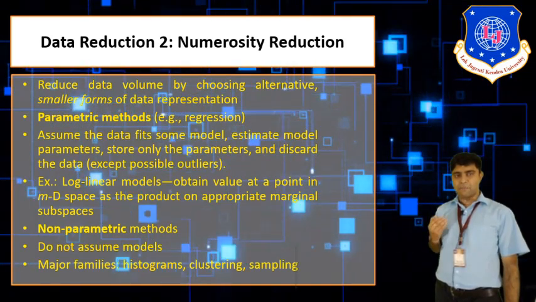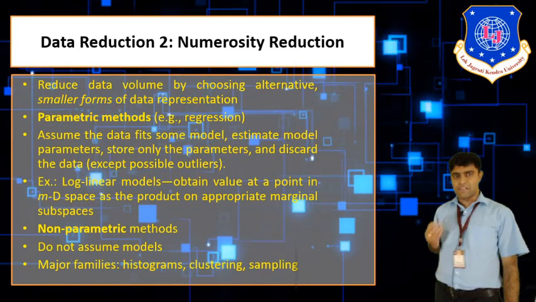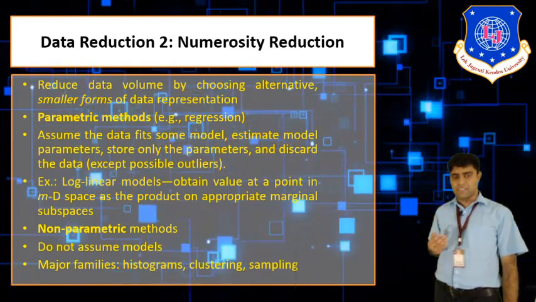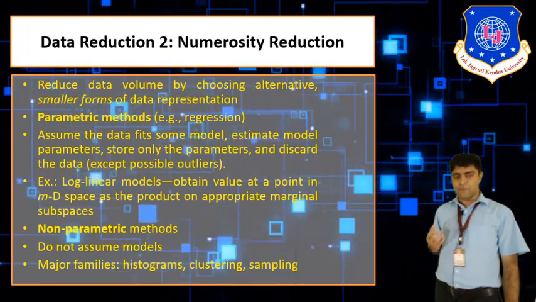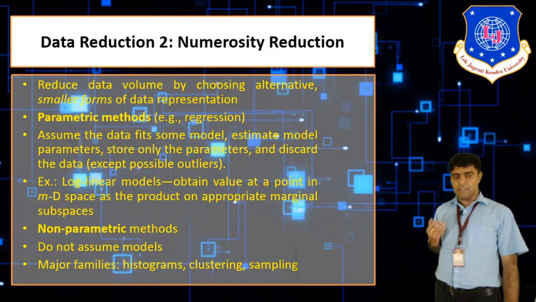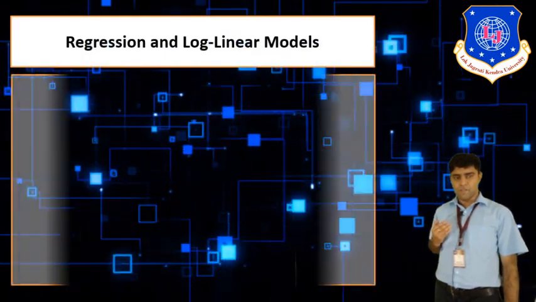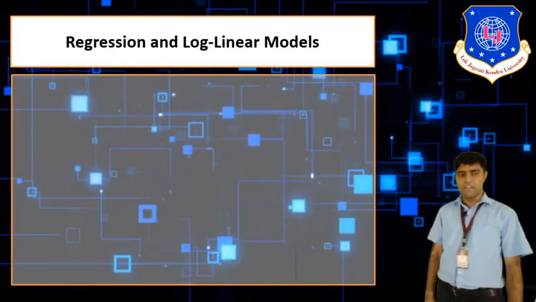Clustering is a grouping of similar data in one cluster and dissimilar data in another cluster. Sampling is a method where different samples of data are collected from the database. Now next we will see regression and log-linear models.